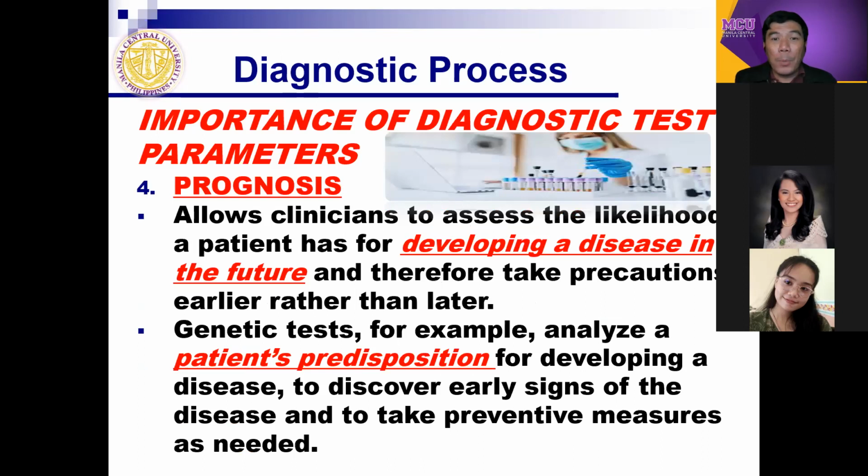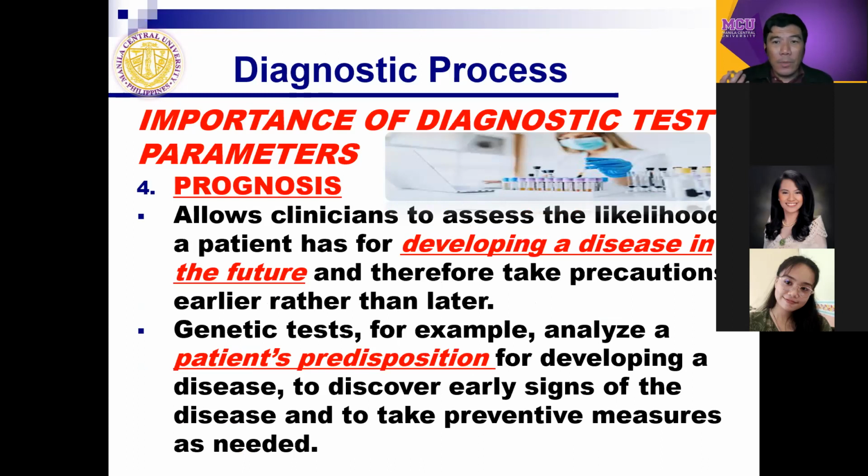Okay, next is prognosis. What does prognosis mean? Diagnosis is when the existing condition is tested and then diagnosed. Prognosis is the possible direction of the health condition of the person after being identified and diagnosed, after a week or after months.